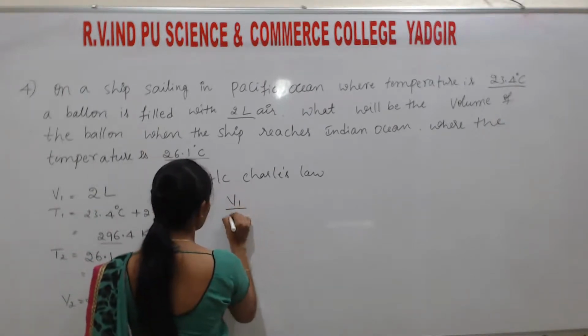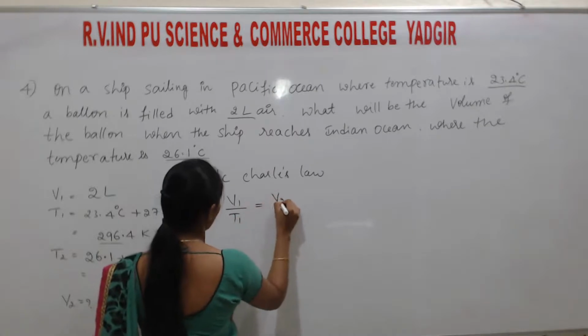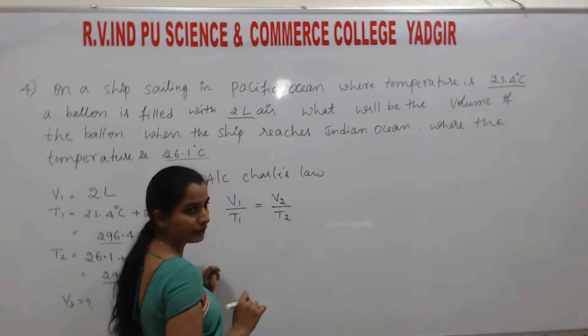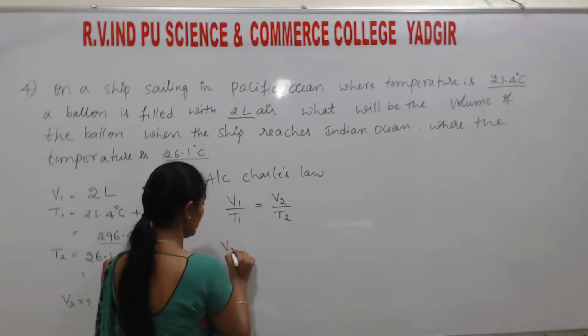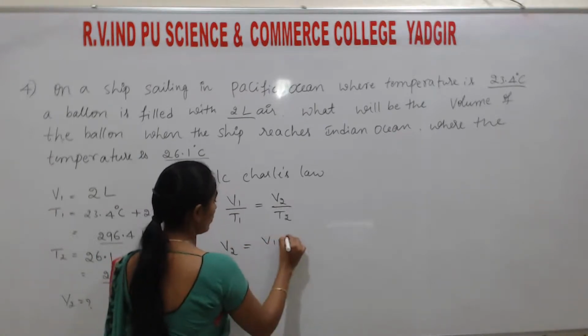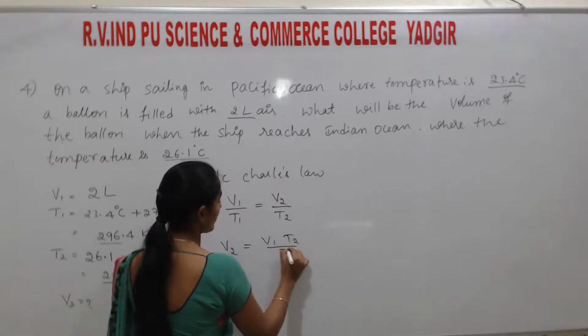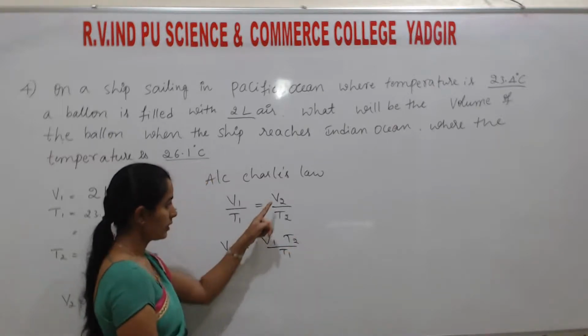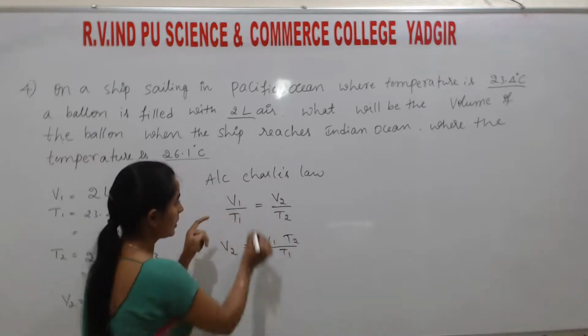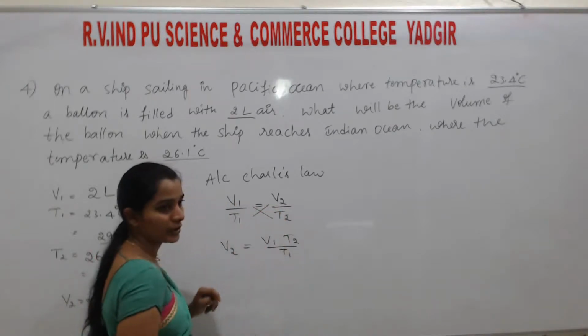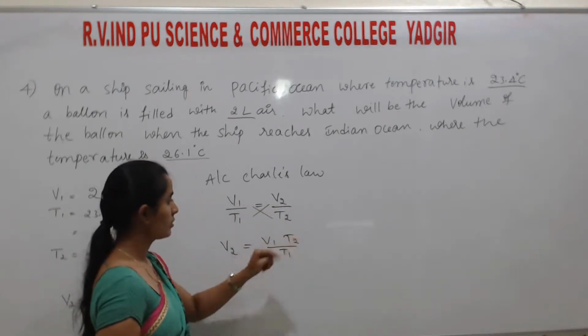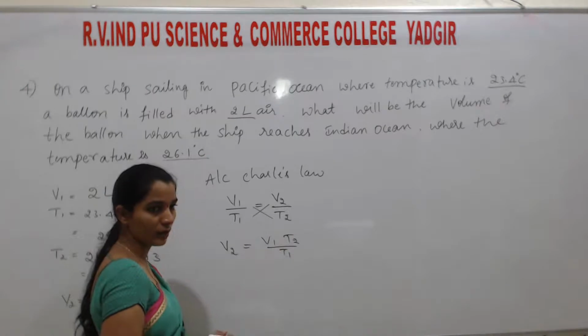V1 by T1 is equal to V2 by T2. What we want is V2. So V2 is equal to V1 T2 divided by T1, by cross multiplication, correct? So V1 T2 divided by T1.